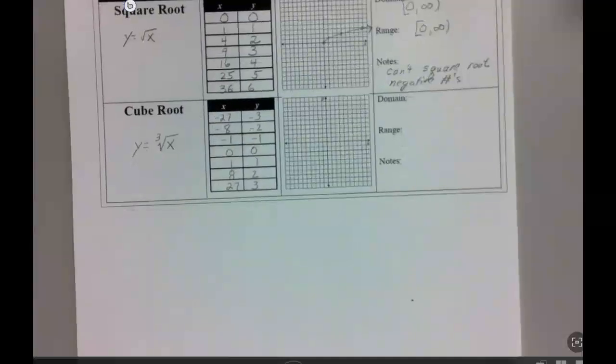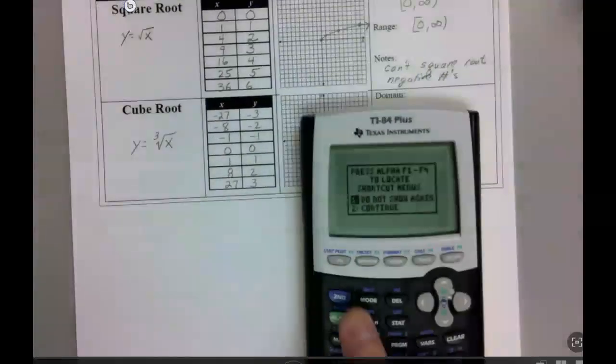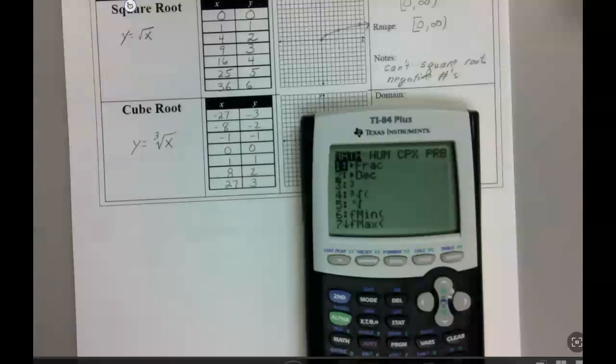So let me show you this on your calculator. Go to math, number 4, get negative 27, and I get negative 3. Go math, number 4, cubic root of positive 27 is positive 3, correct? But look at this.